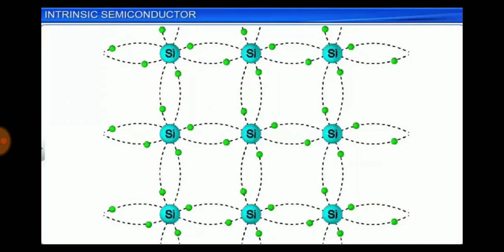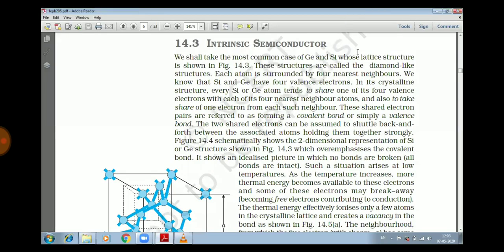Let us use the crystal structure of silicon to further study intrinsic semiconductors. Remember, the following discussion applies equally to germanium in its intrinsic form. Okay, children? Now check your book and see topic 14.3. Each atom is surrounded by 4 nearest neighbors.